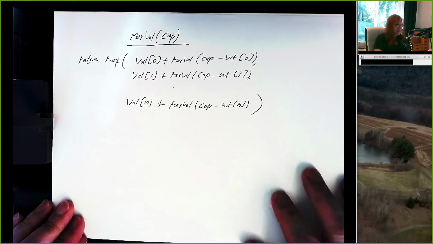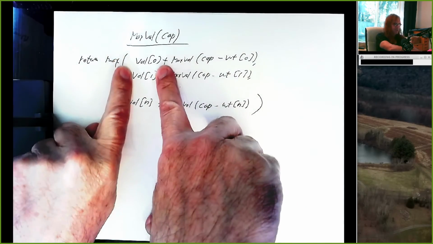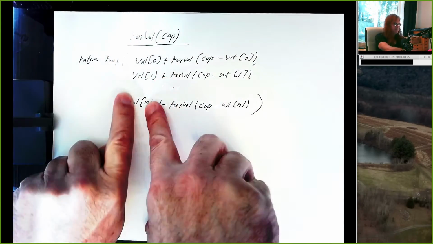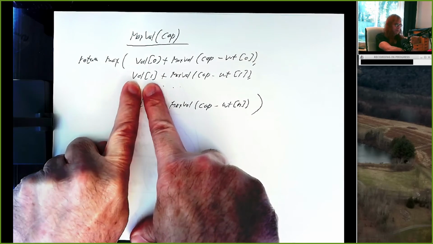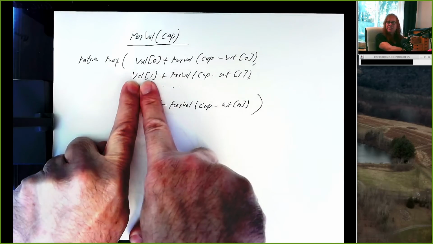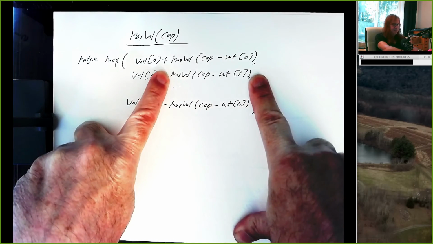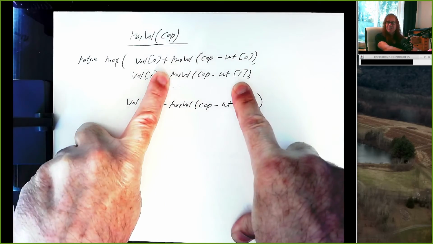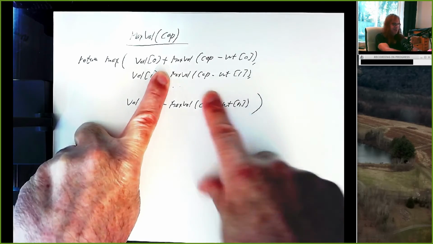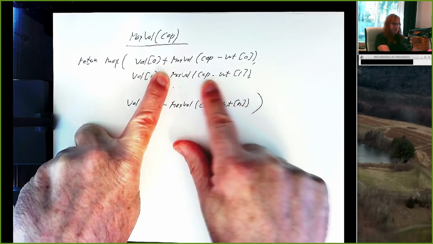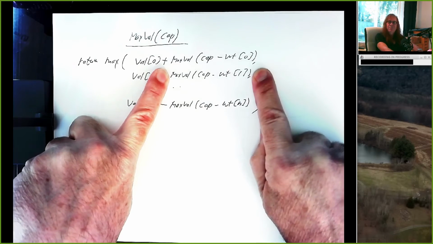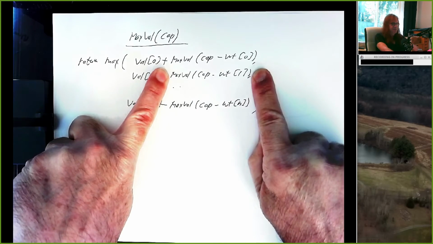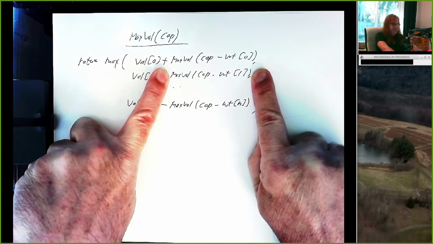But the essence is, this is saying, suppose we start with this item. Well, it's worth this much, and we can get some more value from our bag. Our bag doesn't hold as much as it did. It holds this much less than it originally held. And with this new capacity to our bag, this tells us how much money we can get out of that capacity, because that's what the max val function does.